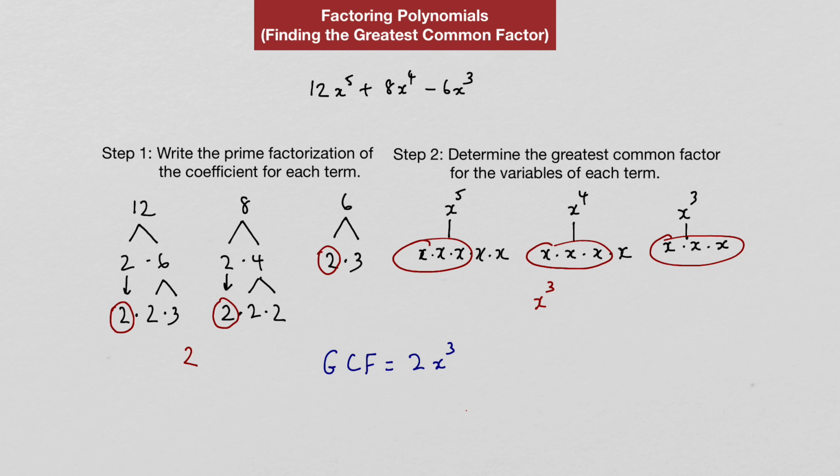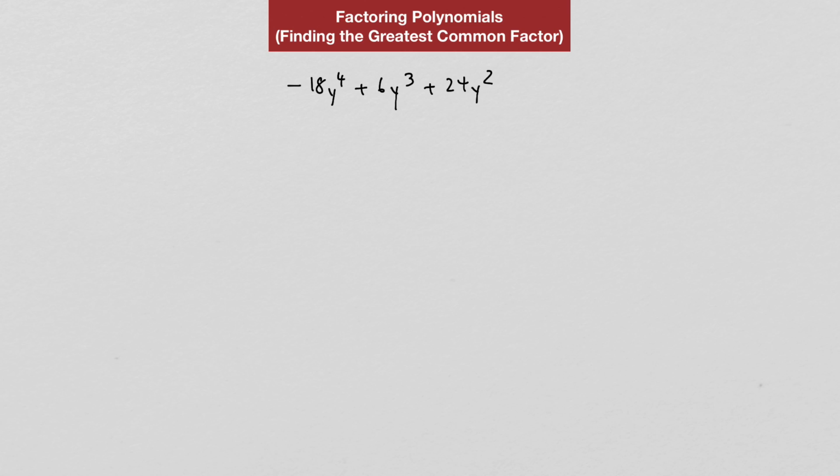Okay, so as promised, let's go ahead and work out a second example where there are negative numbers involved. Here we have negative 18y to the fourth plus 6y cubed plus 24y squared. So let's start with negative 18.